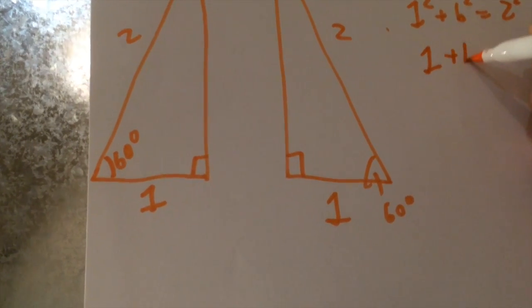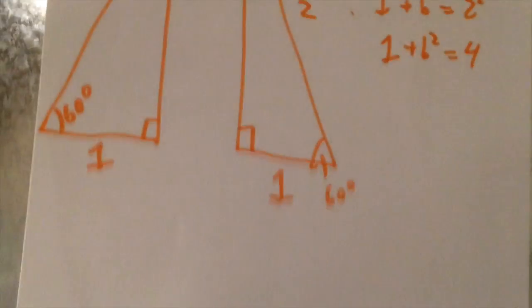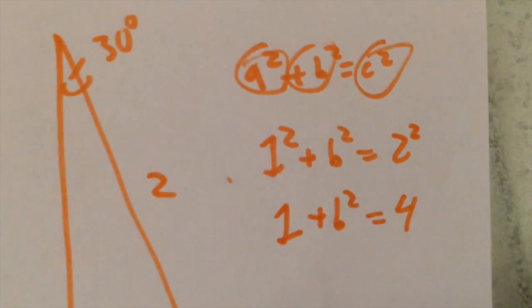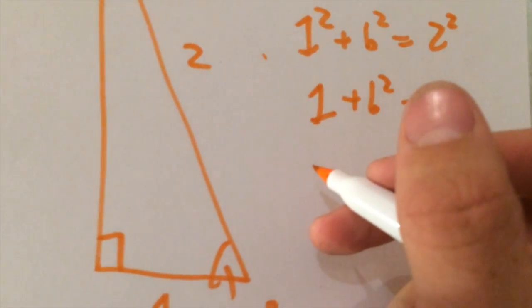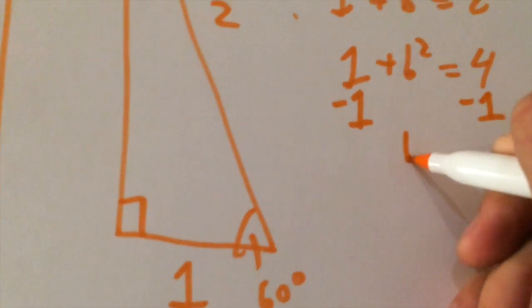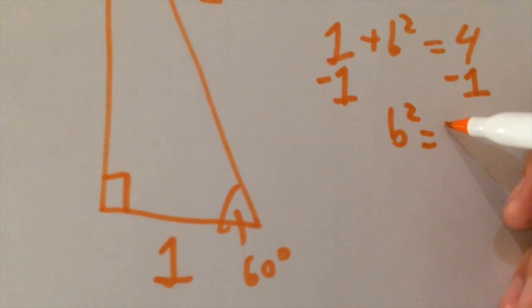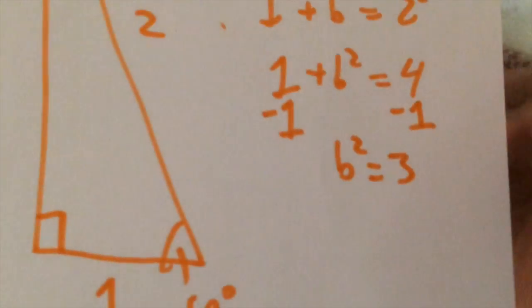1 plus b squared equals 4. I just did some simple math in my head, but 2 squared equals 4 and 1 squared equals 1. So you just use simple algebra to find b squared here. You subtract 1 from here, subtract 1 from here, and you're left with b squared equals 3. But you thought it was over. No siree.